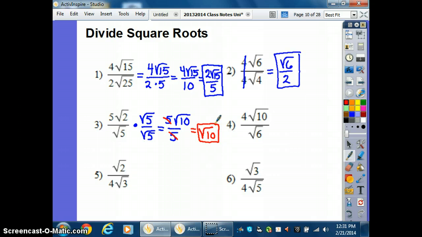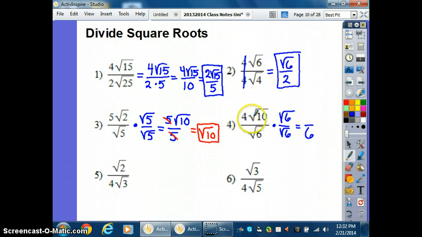All right, the next one. Again, I do not like this square root in the denominator. So I'll do my trick again, and I'll multiply by the square root of 6 over the square root of 6. Now, in my denominator, I have square root of 6 times square root of 6, 6.